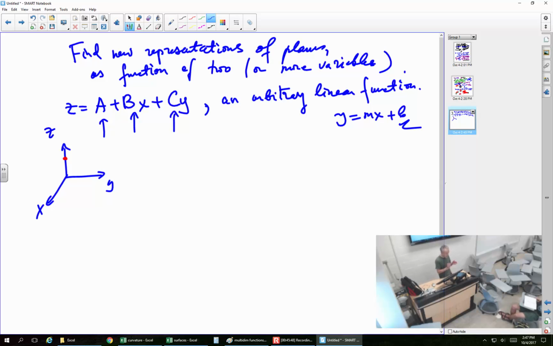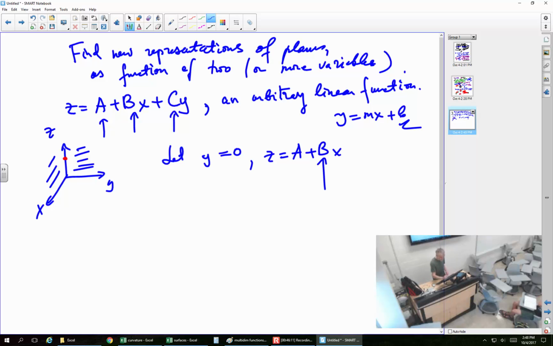I will just concentrate entirely on these two separate planes, this one and that one. So I start by saying let y equal 0. In other words, I'm looking at the intersection of my plane with this vertical plane. So if y is equal to 0, then what I have is z equals a plus bx, which means that you can tell me now what b is.